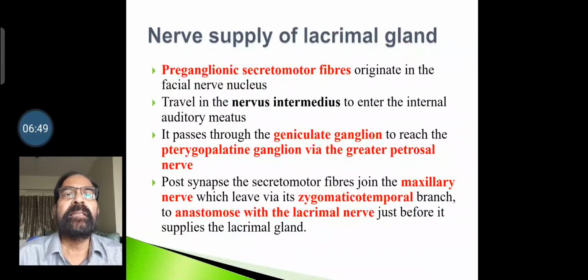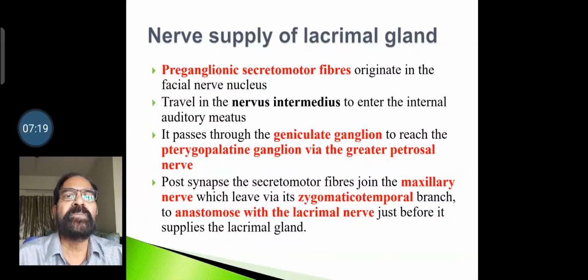Preganglionic secretomotor fibers originate in the facial nerve nucleus. They travel in the nervus intermedius to enter the internal auditory meatus. Then it passes through the geniculate ganglion to reach the pterygopalatine ganglion via the greater petrosal nerve.